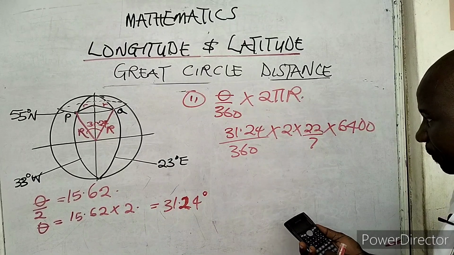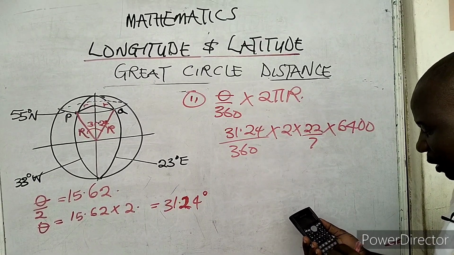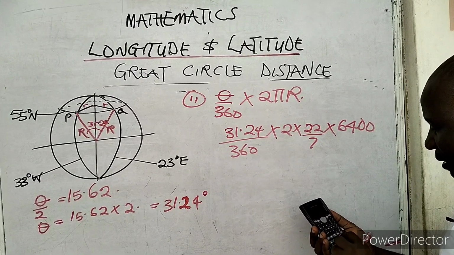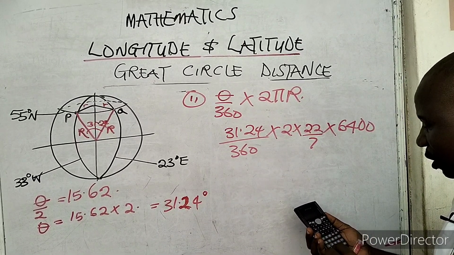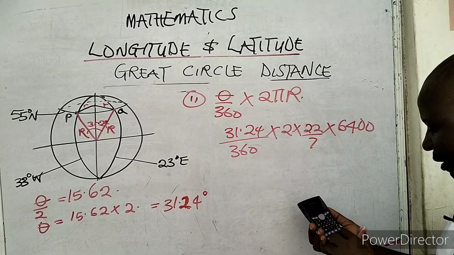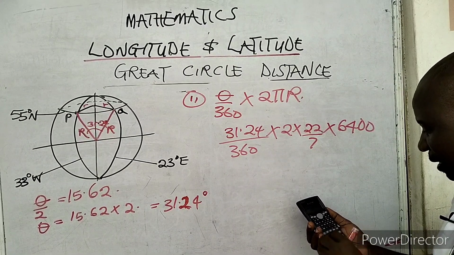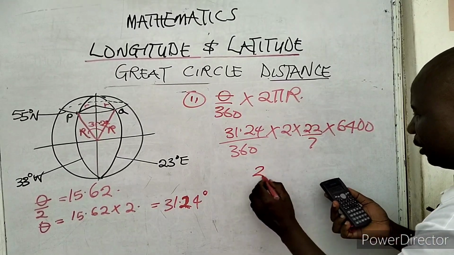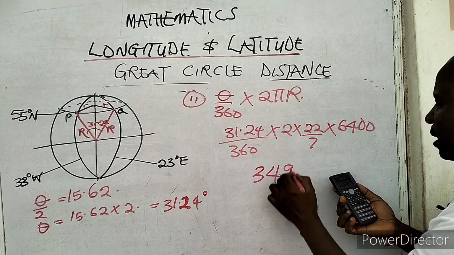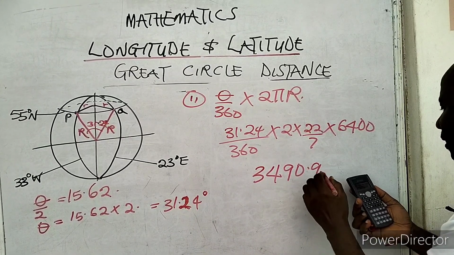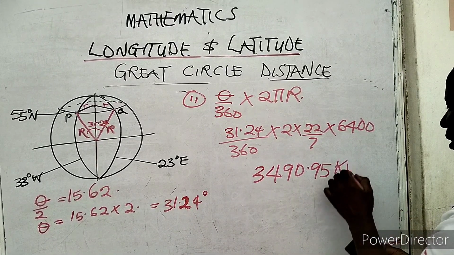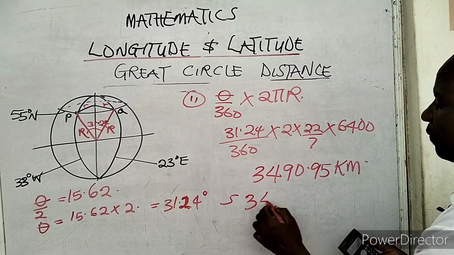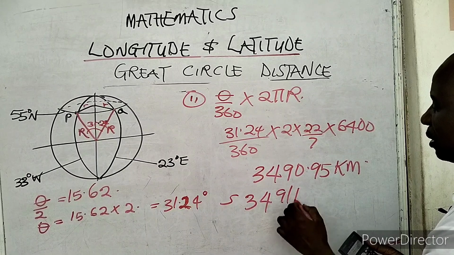Now I will do that. We have 31.24 times 44 times 6400 divided by 360 divided by 7. This one we now have 3490.95 kilometers, which is 3491 kilometers.